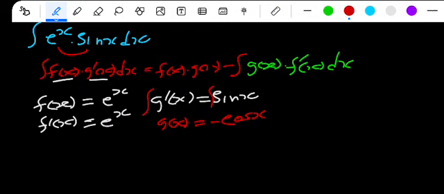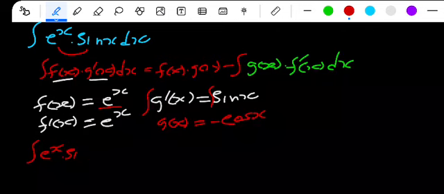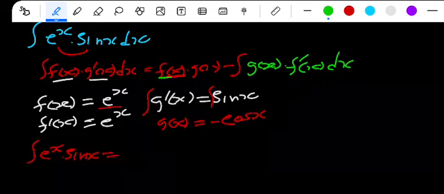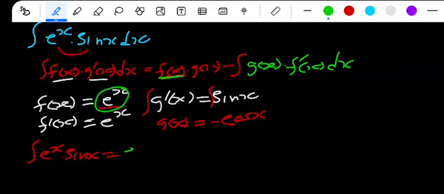The integral of f of x, we said, is e^x multiplied by g of x, whereby it is sine x. We have the equal sign. F of x, we said, is e raised to the power of x.